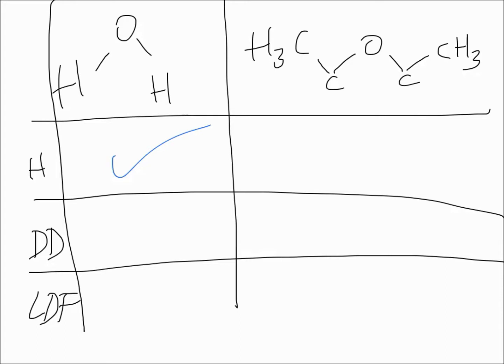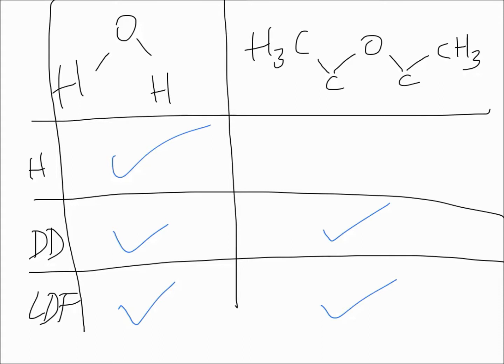Diethyl ether has no hydrogen bonding because it has no hydrogen bonded to a fluorine, oxygen, or nitrogen, so we'll just leave that blank. Water has dipole forces. Whenever you have hydrogen bonding, you will usually have dipole, and every molecule has London dispersion forces, so we can check that for both. And diethyl ether does have dipole forces. Also, none of these are ions, so we can omit anything that has ions, like ion-induced dipole or ion dipole.